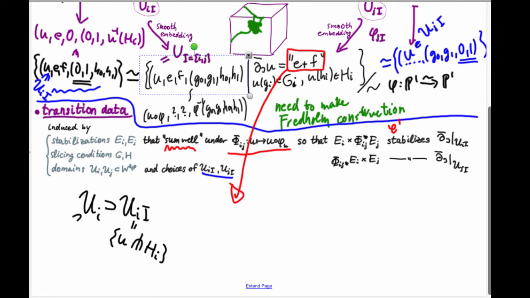So these here are transverse to the G slices. And so now what I want to be able to do is map U to, no, hold on. What do I want to do?